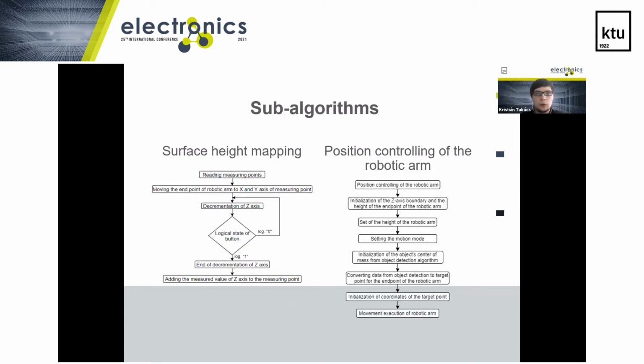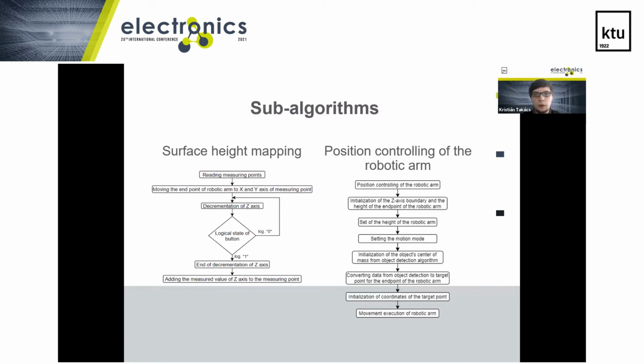Next, I would like to show you the concept of some used sub-algorithms. The left side of the screen shows the block diagram of the surface height mapping sub-algorithm. The height mapping of the workplace uses an effector with a mechanical button, and it is needed to assess if the work area is absolutely flat, or to compute a lookup table of the height coordinates for each point of the workplace surface.